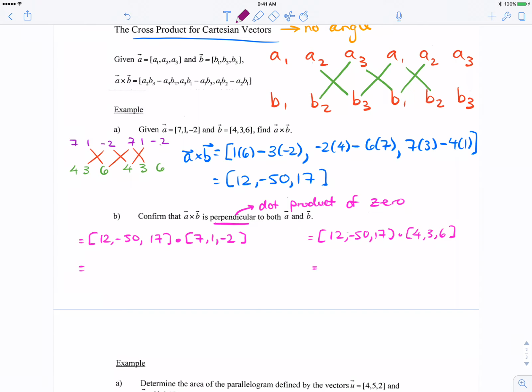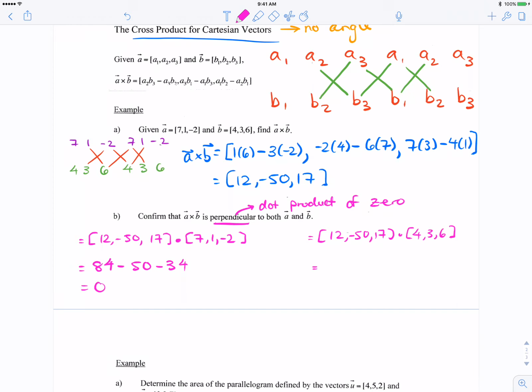For notation, you would write that as A cross B dot B, but we'll get into that specific notation in a second. Okay. So this becomes 84 minus 50 minus 34, which in fact is 0.